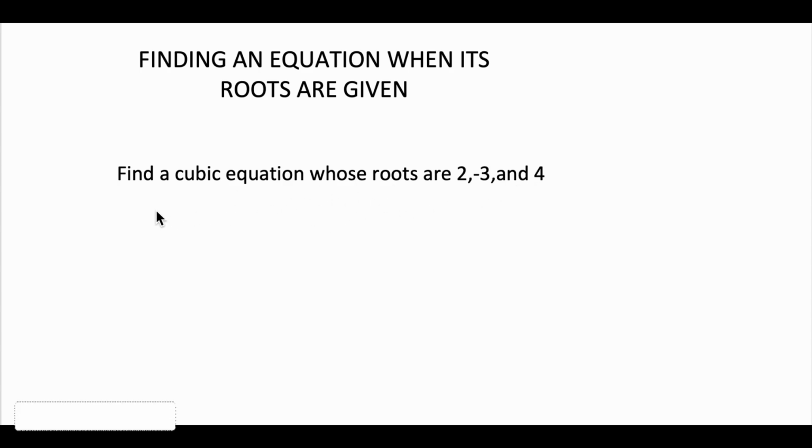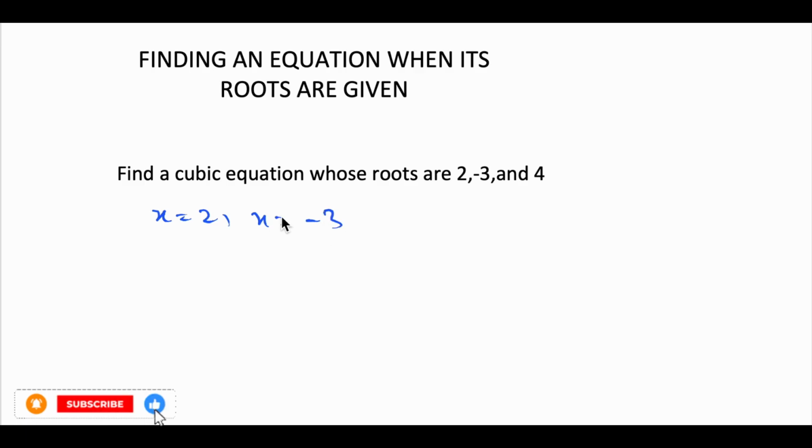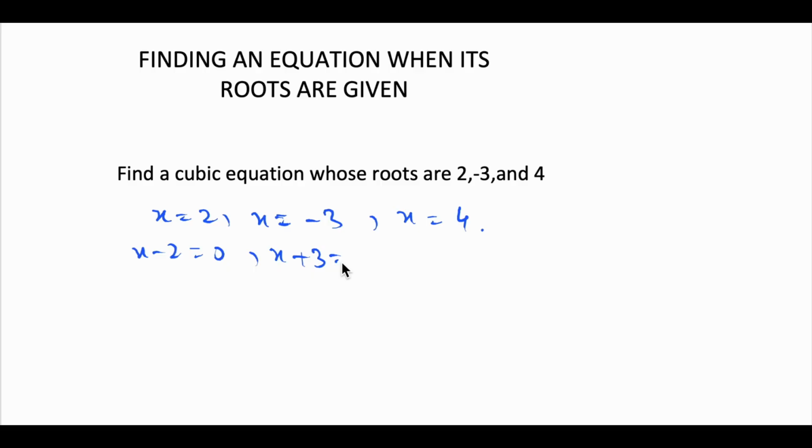I will just suppose, okay, if I have to find an x, then x is equal to 2, one root, x is equal to minus 3, and then x is equal to 4. I can write this as x minus 2 equal to 0, x plus 3 is equal to 0, and x minus 4 is equal to 0.